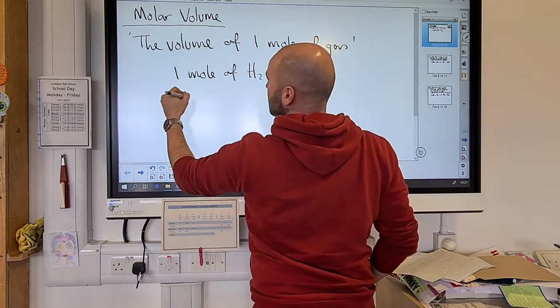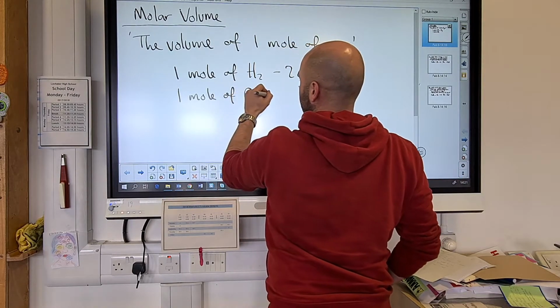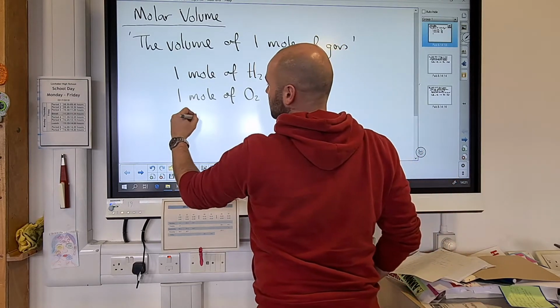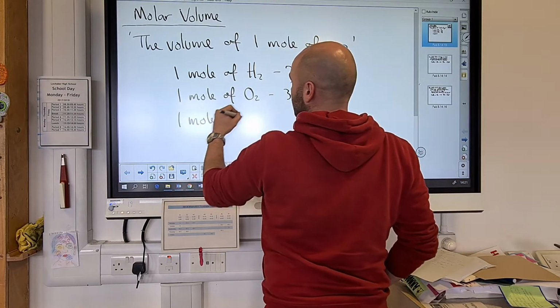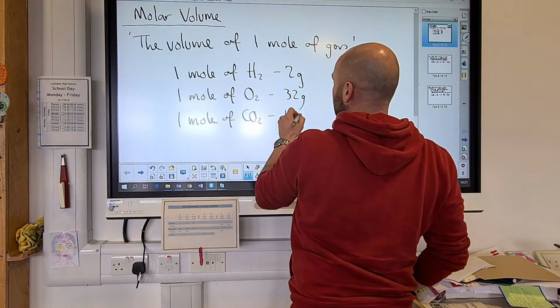Or we could be speaking about 1 mole of oxygen, for instance, which weighs 32 grams. Or 1 mole of carbon dioxide, which weighs 44 grams.